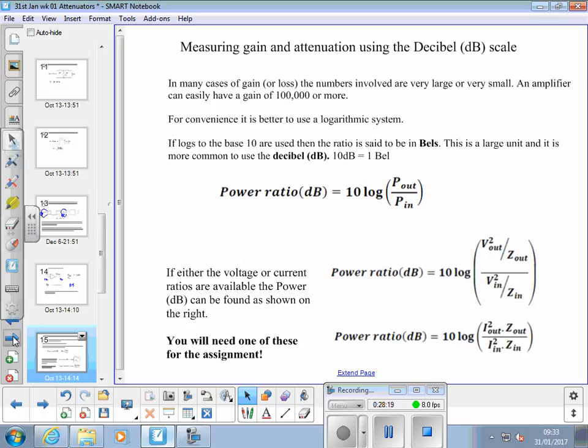So if you know the two voltages and you know the characteristic impedance Z in and Z out, which for your design is going to be V out squared over Z out divided by V in squared over Z in, and if you've got current, so you know the current in and the current out, you need I out squared times Z out over I in squared times Z in. You will definitely need that slide and at least one of those formulae to do your assignment work. Okay.